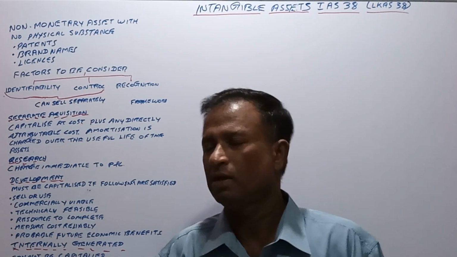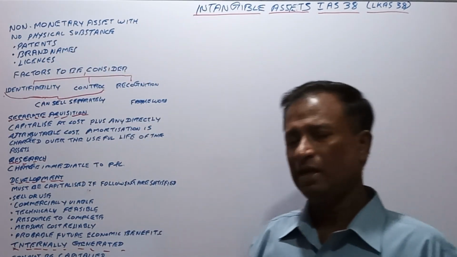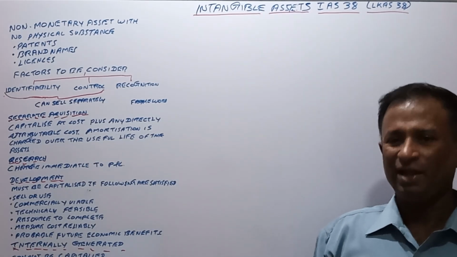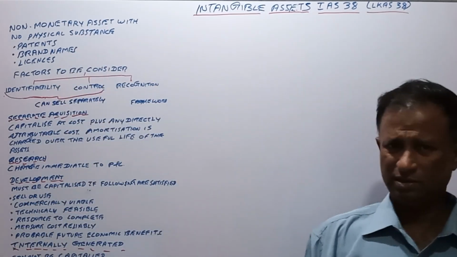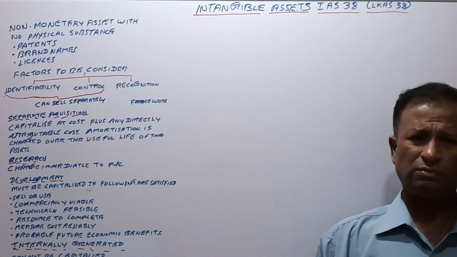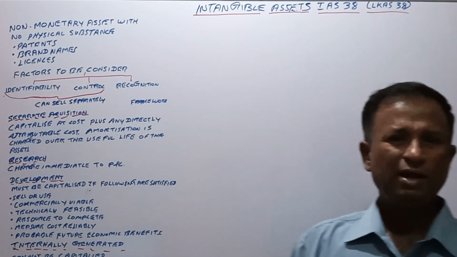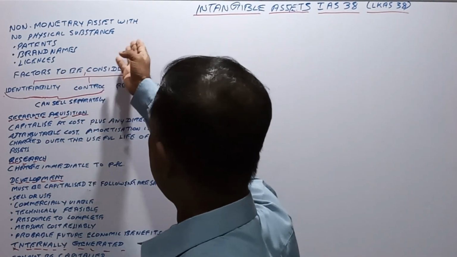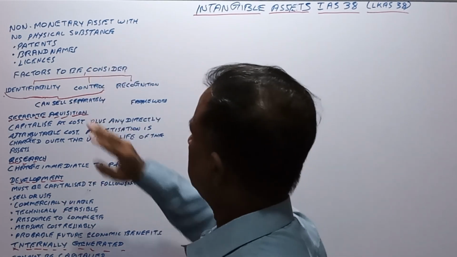It is not a monetary asset and it does not physically exist. Examples: patents, trademarks, and licenses.